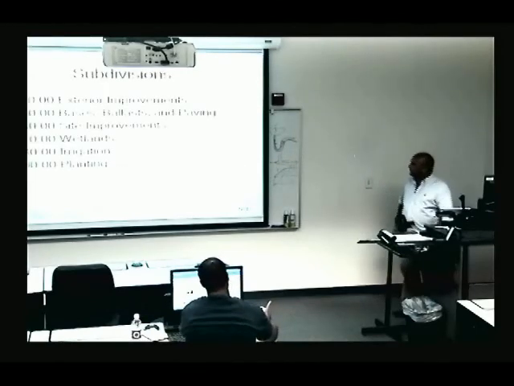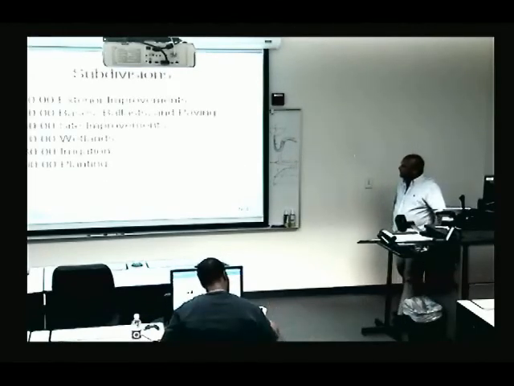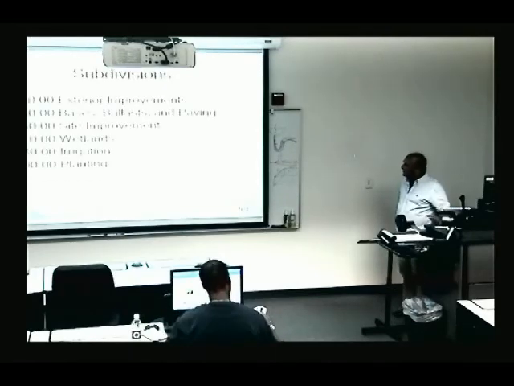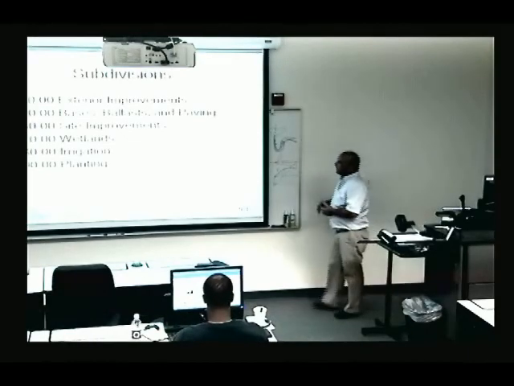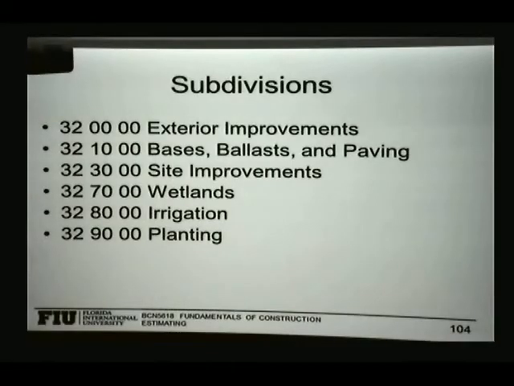Then we have exterior improvements, plants, wetlands, irrigation, planting, and so on. These are also sometimes done at the end. But you do have to be careful. I remember, I don't know if I said this story here, but I had a guest speaker coming in from a large construction company, and they were telling us that they made this huge, beautiful residential building. When they were about to turn it over to the owner, somebody said, well, how do you irrigate these plants that you have on the outside?